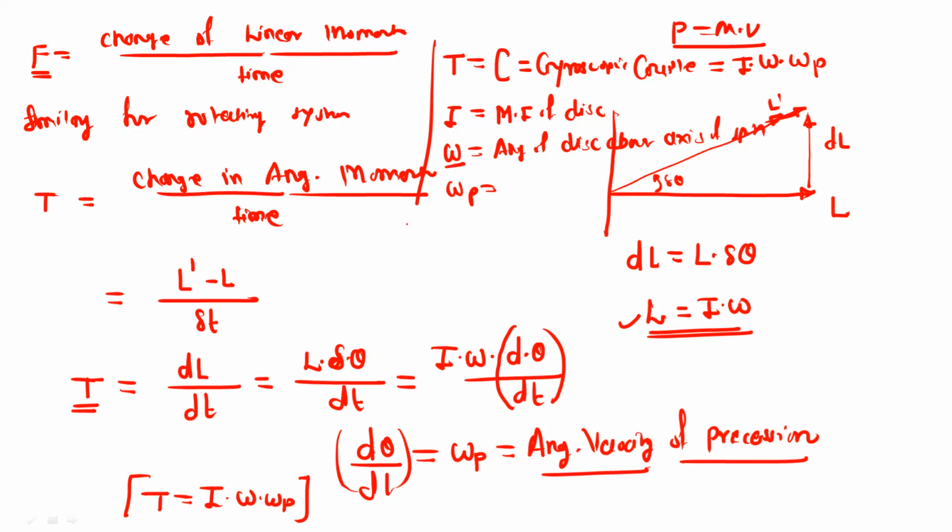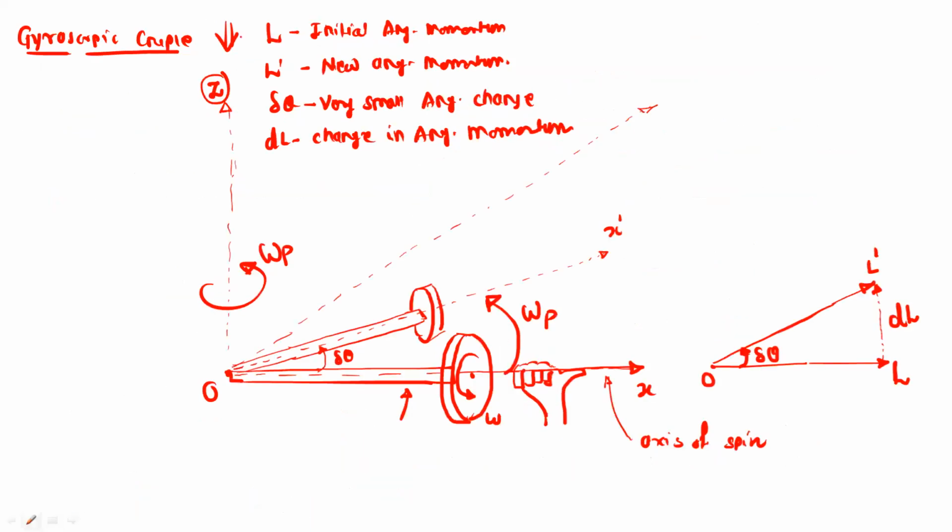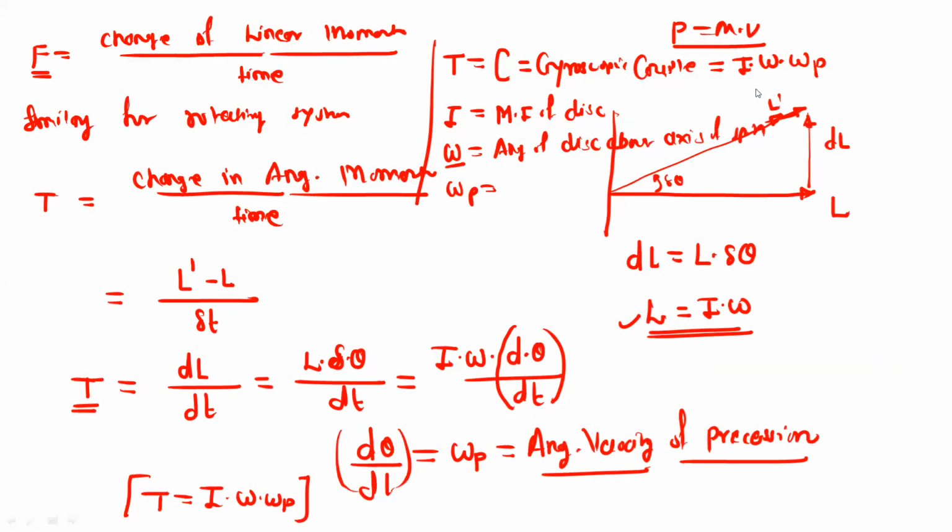So what is this omega? Omega is nothing but the velocity with which the disk or flywheel is spinning about this axis of spin. So this complete I omega into omega p will give the value of the gyroscopic couple. Now we have to decide what is the direction of this gyroscopic couple and what is the effect of that gyroscopic couple on the complete assembly.